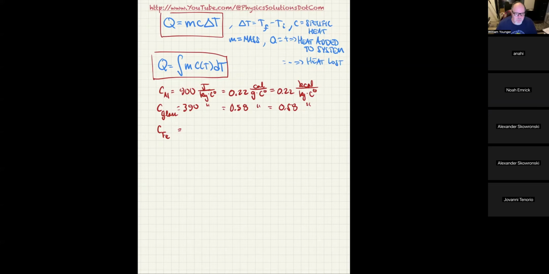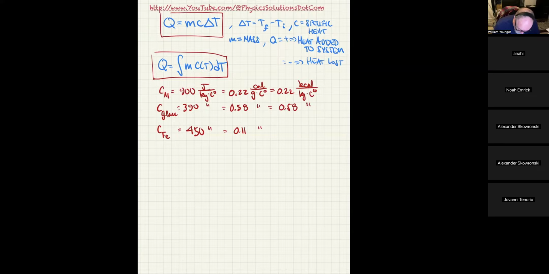But for iron, the specific heat is 450 in the joule unit. So 450, but it's also on the order of 0.11 in calories per gram Celsius degree, or in kilocalories per kilogram Celsius degree.